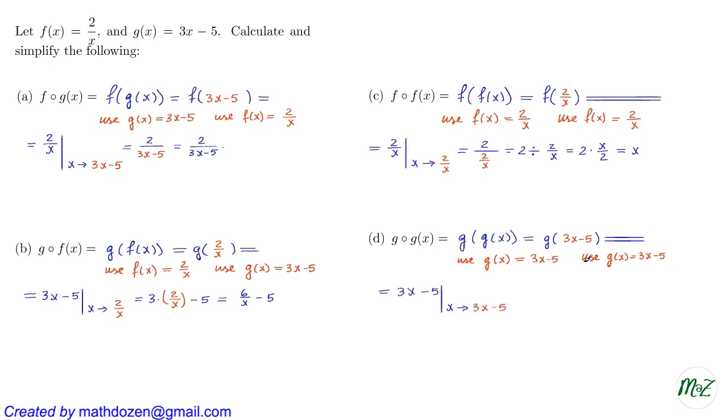And this is really the same as this formula, 3x minus 5, with x being replaced by 3x minus 5. So you have 3 times 3x minus 5, minus 5. And when you distribute 3, you're looking at 9x minus 15 minus 5, which simplifies to 9x minus 20.